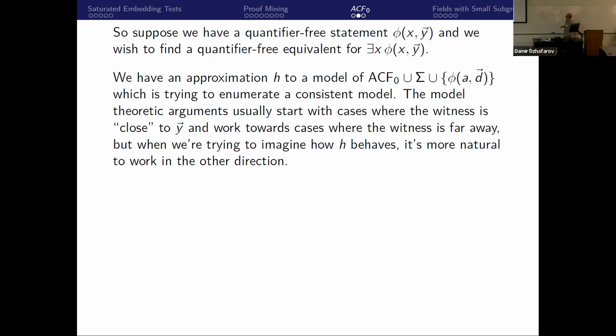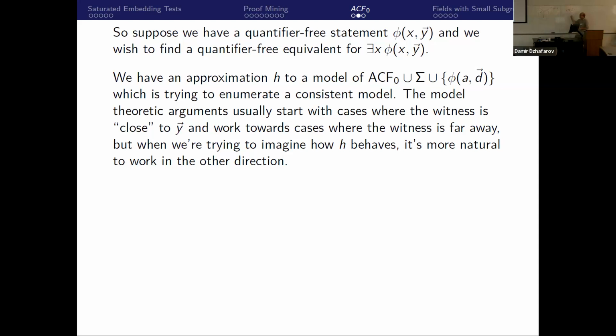It turns out that for these arguments, it's useful to think in the opposite direction: to start by asking, what if a is way, way out there? We'll rule that out, and rho is going to force a to get closer and closer to d until we run out of cases. So imagine we're trying to build these models, and rho is making decisions, trying to make phi of a, d false.